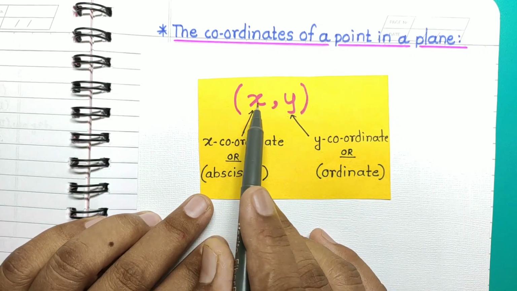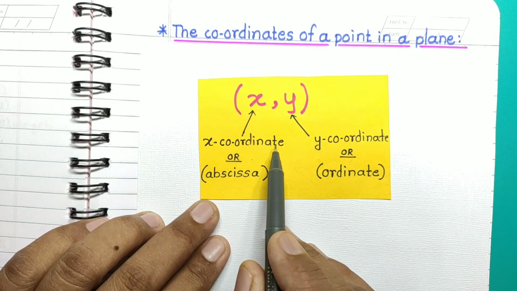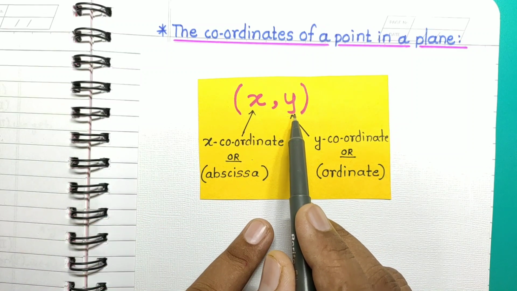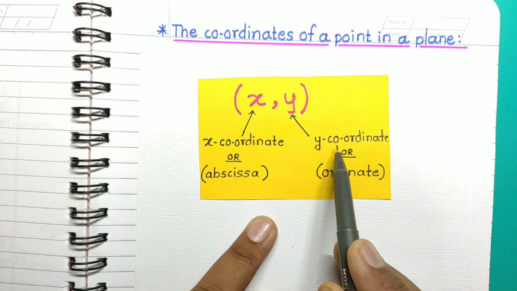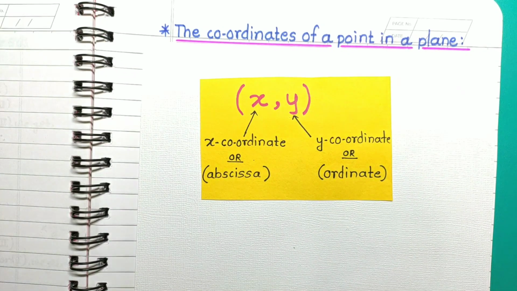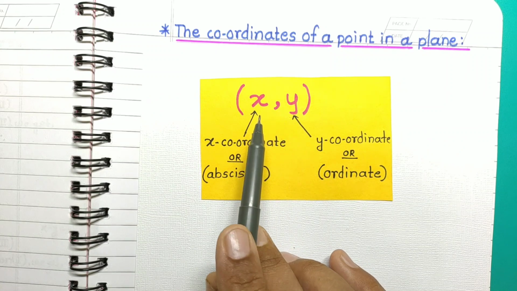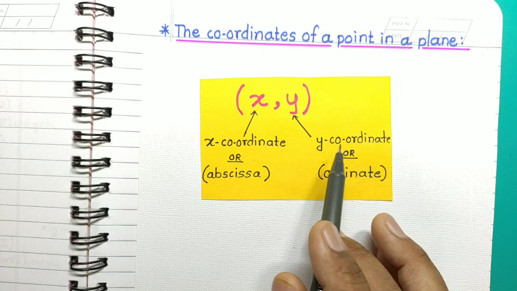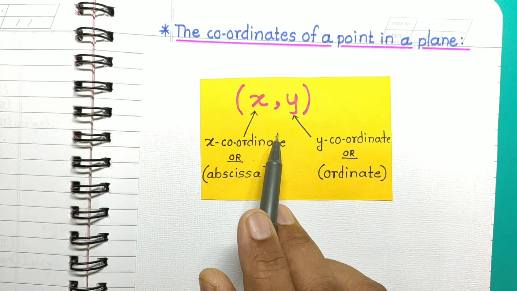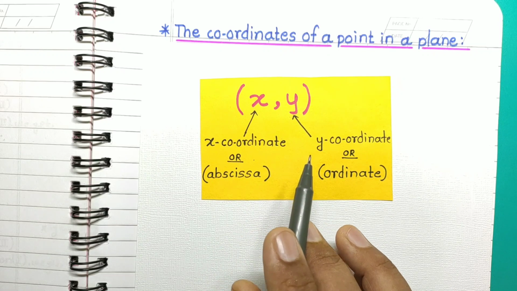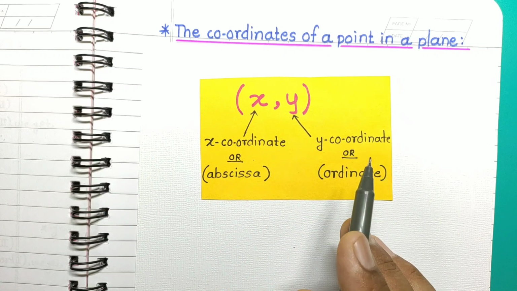The first real number x is called the x coordinate or abscissa and the second number in the pair, which is y, is called the y coordinate or ordinate. And the values of x and y for any point are determined by its distances from the coordinate axes.